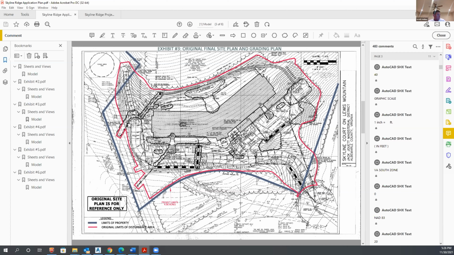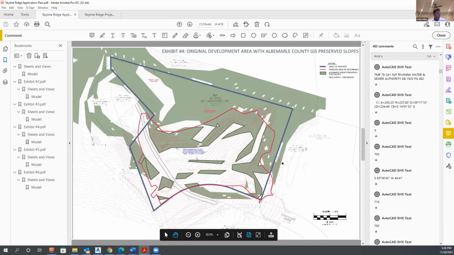And then this will extend on and provide access up to the existing service authority water tank up here at the top of the site. Well, that's actually off site, but just to the top of the site. And so this is the present day current grading, which you'll see here. Again, the red is our proposed limits of disturbance for our site plan.